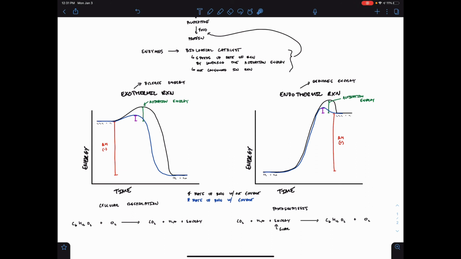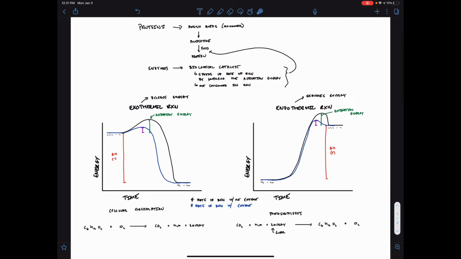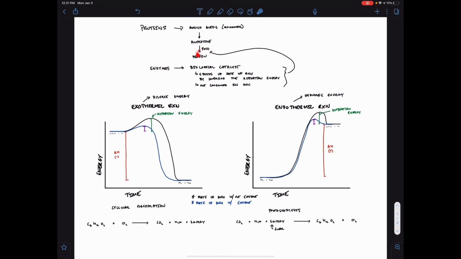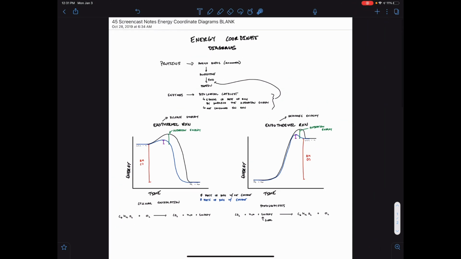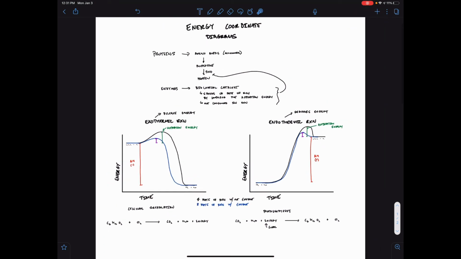And they do this by orienting their substrates or their reactants in a very specific shape by their folding patterns. More on that later.